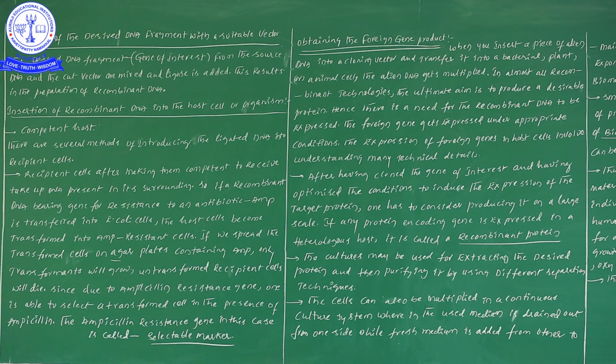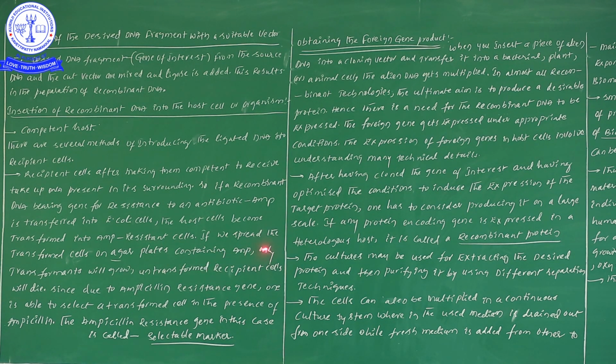So if you grow these transformed cells on agar containing ampicillin antibiotic, because of the antibiotic resistance in the host cell, it can definitely grow in ampicillin containing medium only. So this host cell will grow. Why? Because the host cell obtains antibiotic resistance due to the presence of the foreign gene within it. That's why the host cell can grow in the ampicillin containing medium.